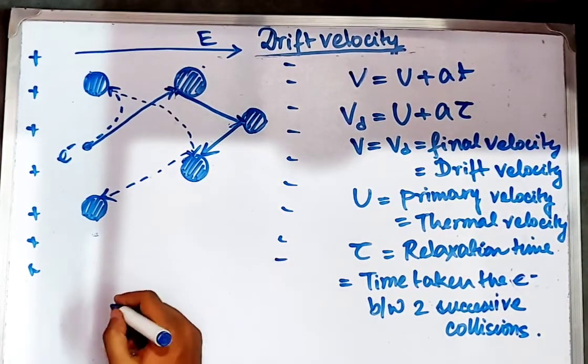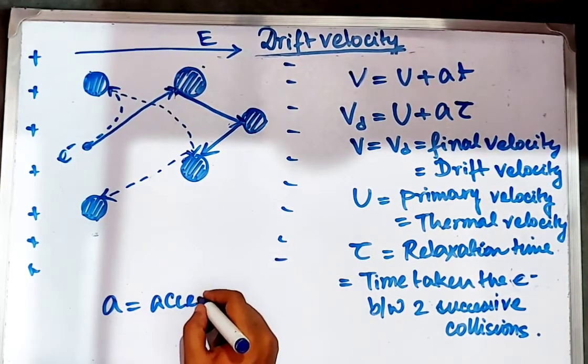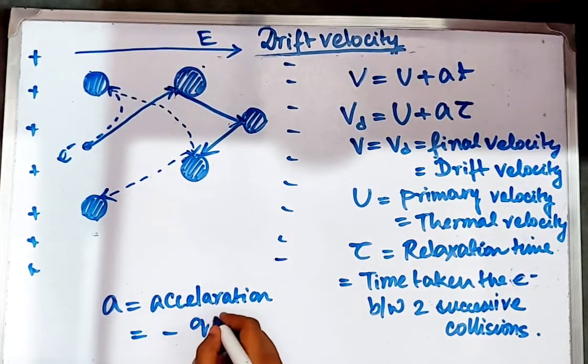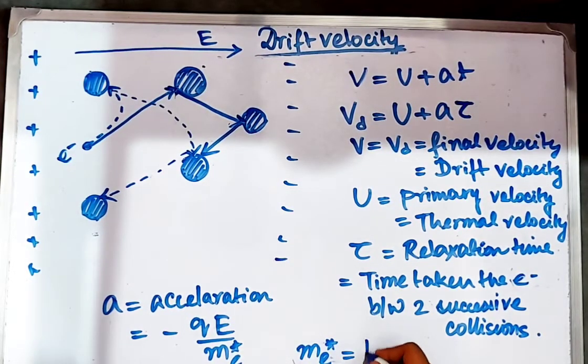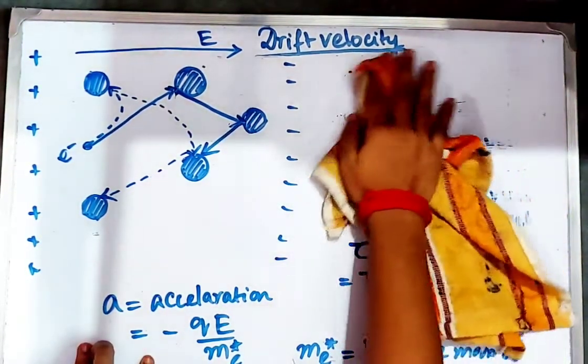And a is of course the acceleration, which is minus qE divided by me star, where me star is the effective mass of electron. So up to this I think everything is clear to all of you.